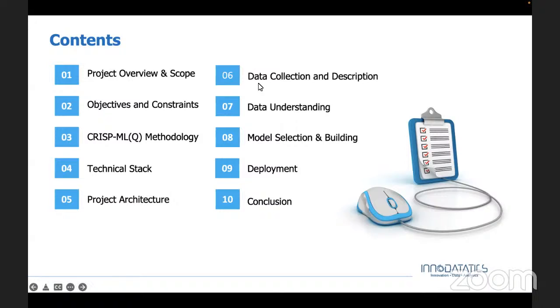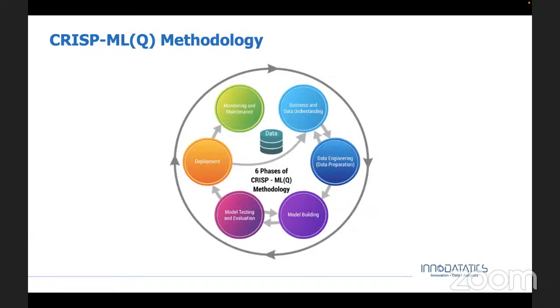Everything. And then starts the journey of collecting the data, describing the data, understanding pre-processing, model building, using hyperparameters, evaluating your model, then deploying the model in production, and finally the conclusion. This is how the project would be structured.